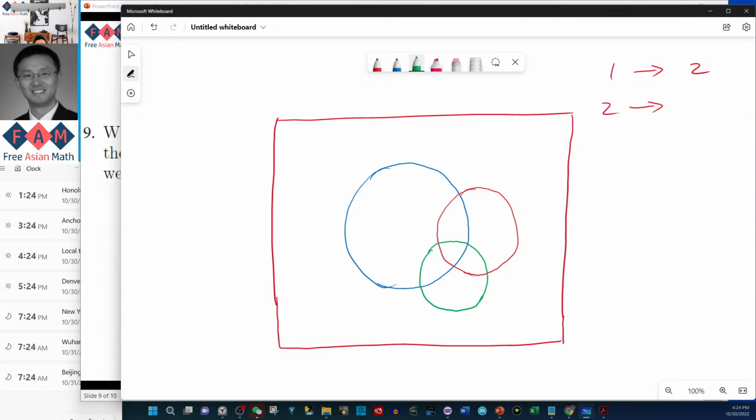The green circle intersects all the 4 regions. Remember, here we have 4 now. If you look really carefully, it intersects all those 4 regions. Therefore, now we have 8. Okay. So now, what is the trick here?